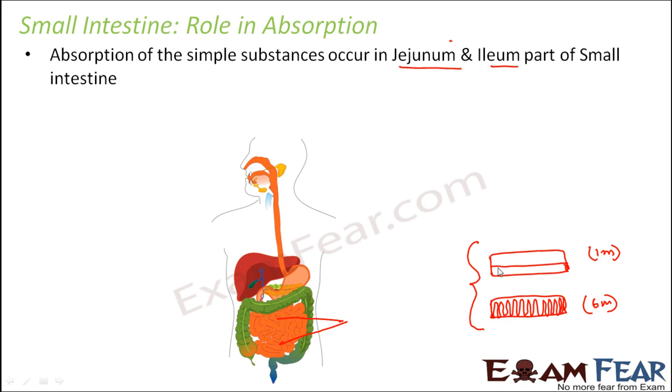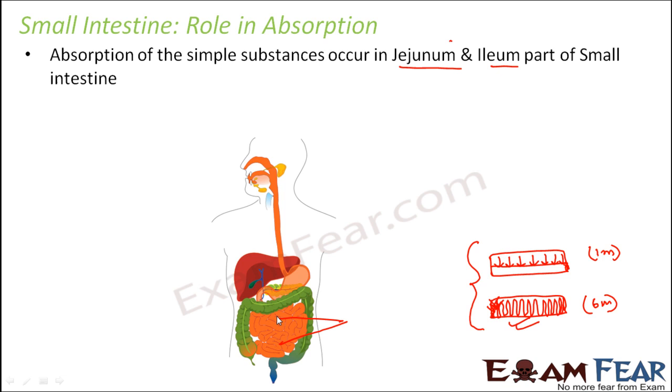So if this is your small intestine, in this case the absorption will be only on this 1 meter length, but in this case the absorption will be on the 6 meter length. So the absorption will be more in this case. If the tube is placed in a coiled manner, the absorption also increases.